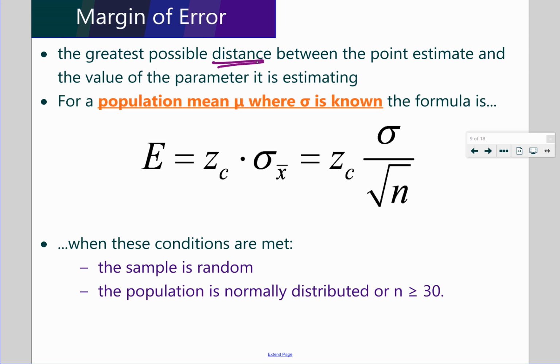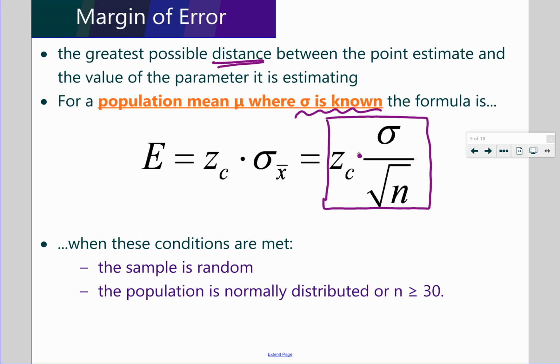Now, everything for this section, we are going to know the standard deviation of the population. So that piece there hinges on whether you can use this formula or not. Because we know the standard deviation of the population, this is how we calculate margin of error. It is the critical value from our z-chart, the positive one, that will always be a positive number, times the standard deviation of the population, divided by the square root of your number of data values, your sample size.